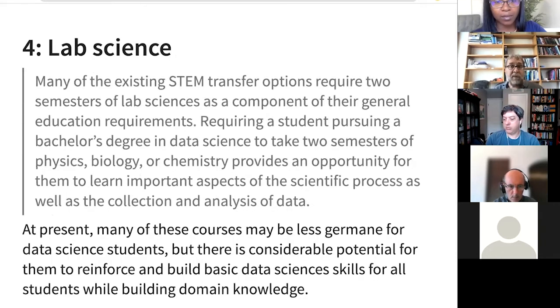Our fourth point relates to lab sciences. Many, and all in Massachusetts, of the STEM transfer pathways from our community colleges require a lab science. And this is not a bad thing. It would be even better, however, if such a course could build opportunities to make meaning of data in these areas of physics, biology, or chemistry.